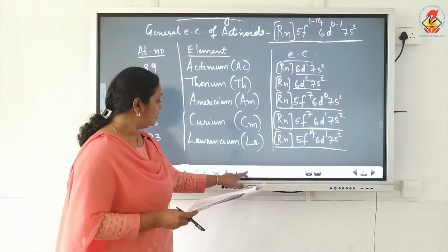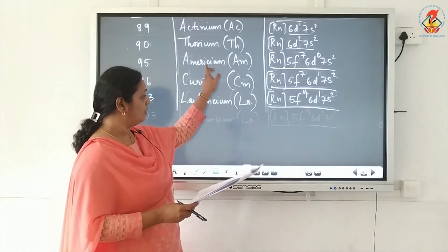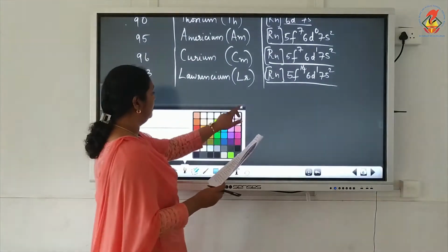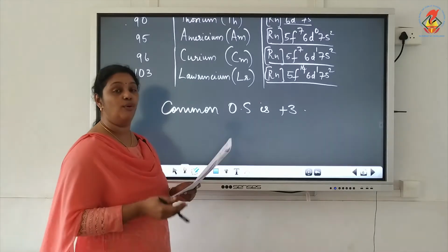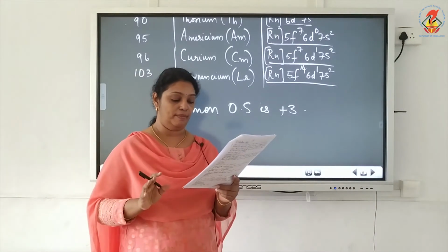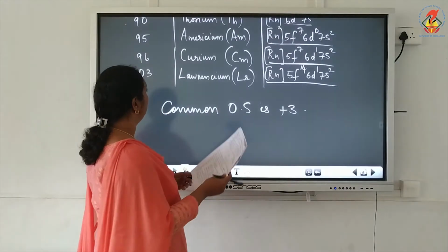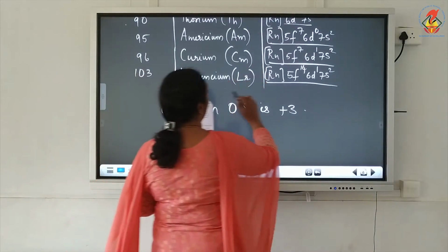Now the oxidation state. Again, the common oxidation state exhibited by actinoids is +3, same as lanthanoids. Other than +3, they can show +4, +5, +6, etc. Now you can see the electronic configuration of americium and lawrencium.